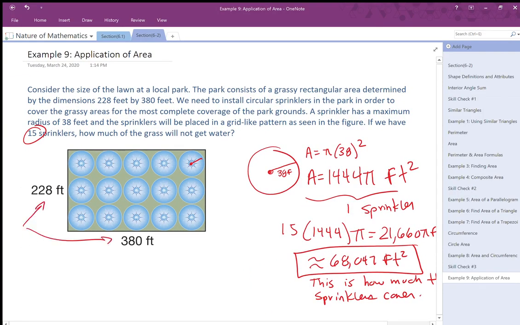Now we have a rectangular area of all the grass. Area is equal to 228 times 380. $86,640.